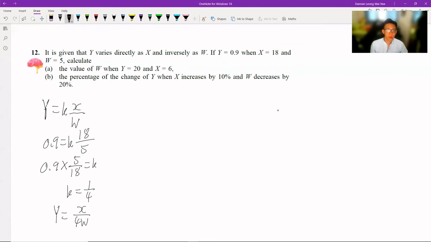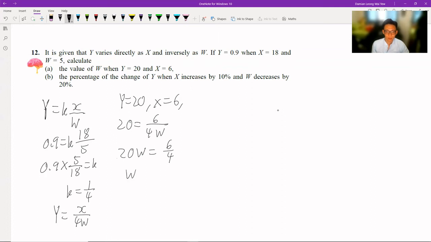So I want w when y is 20 and x is 6. I substitute these two values into the equation to find the w. Means 20 equals 6 over 4w. I can just bring the w up, divide becomes times.